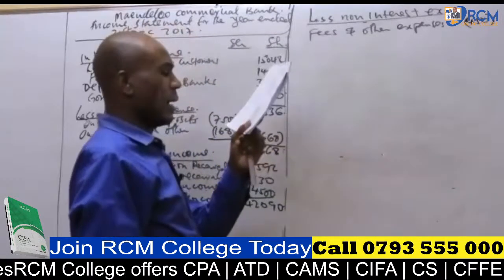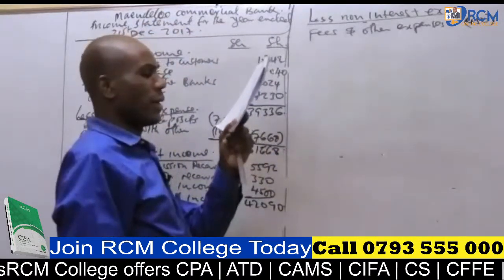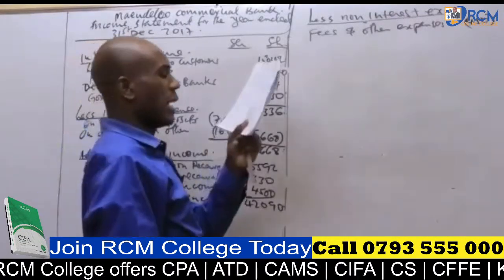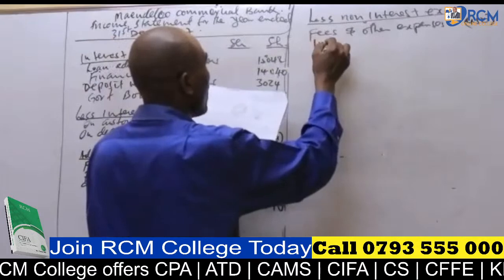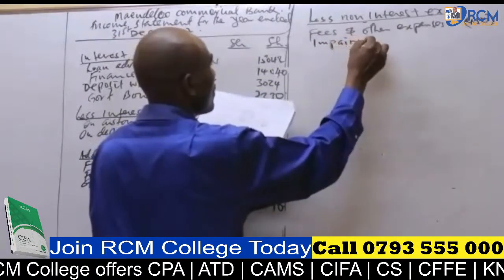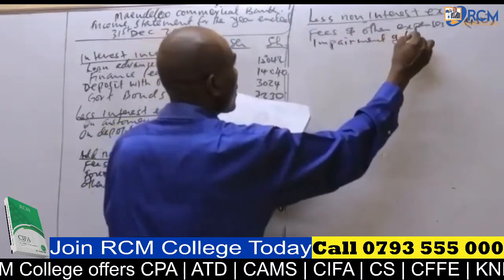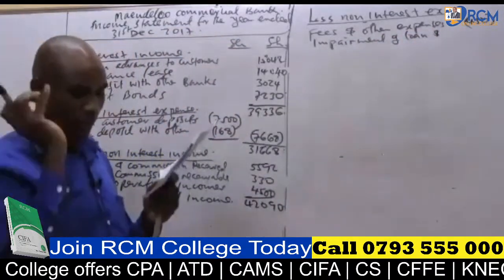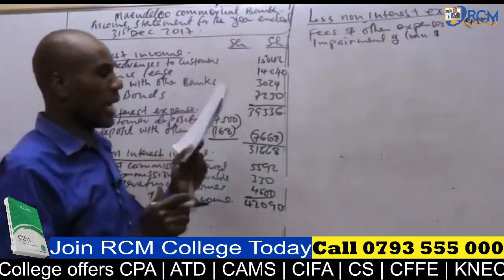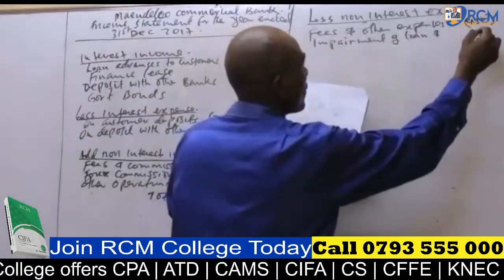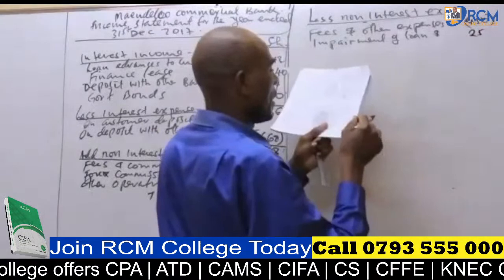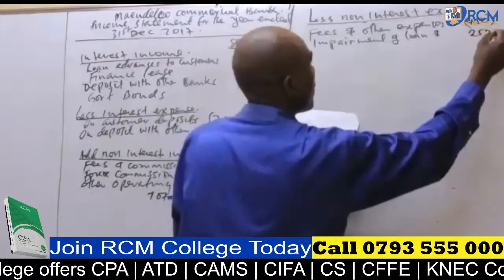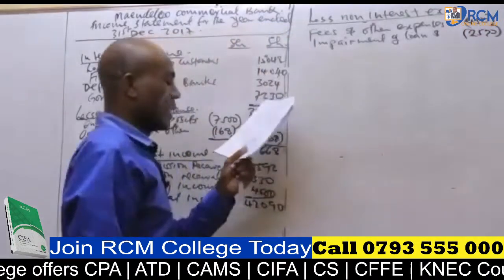Then we have impairment loss allowance, impairment of loans and advances, 25,920.